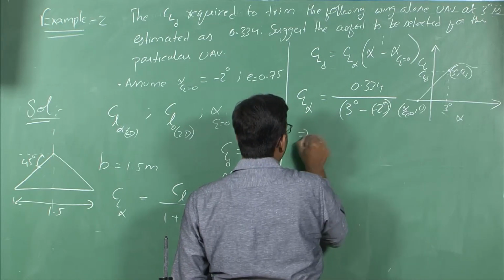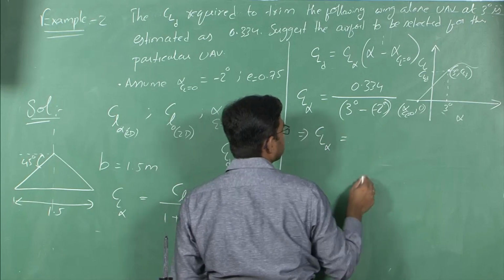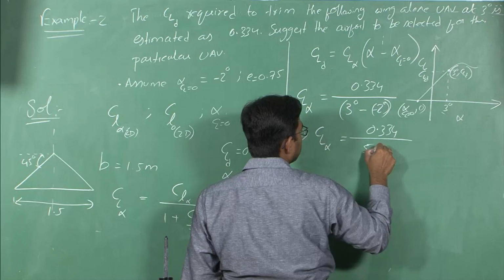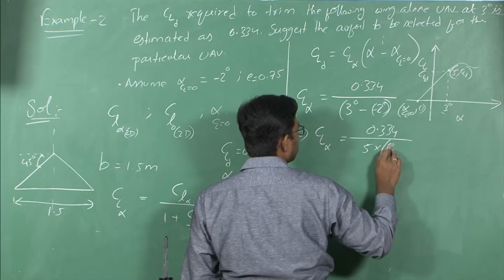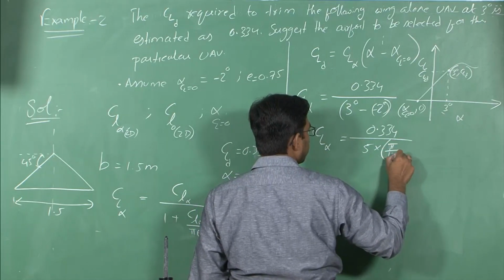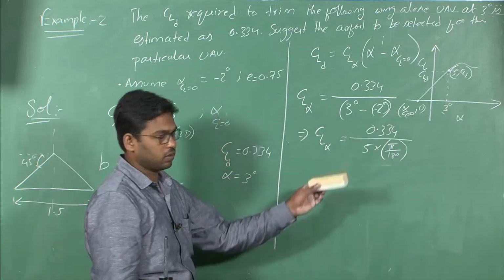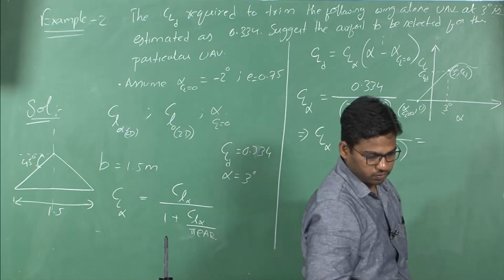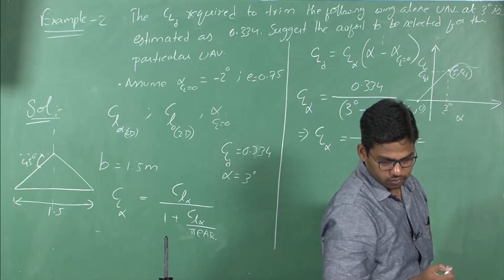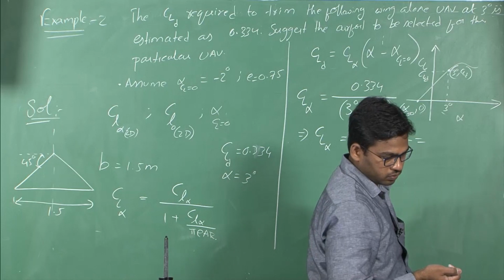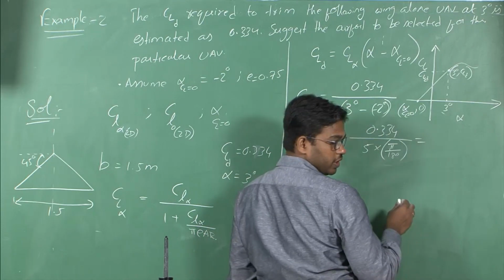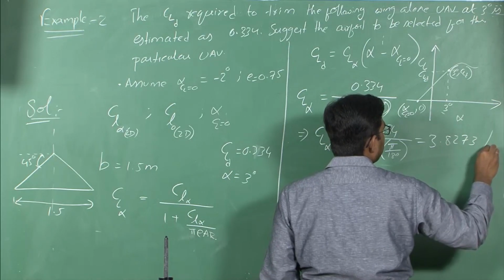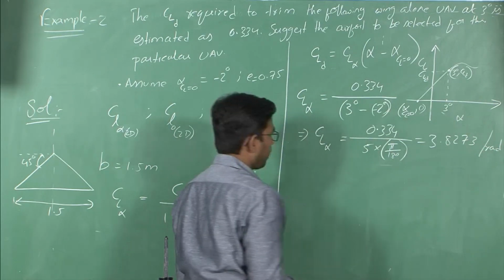This implies CL alpha of the wing is 0.334 divided by 5 into pi by 180, which is in radians. So here it is per degree, here it is per radian, which is equal to 3.8273 per radian.